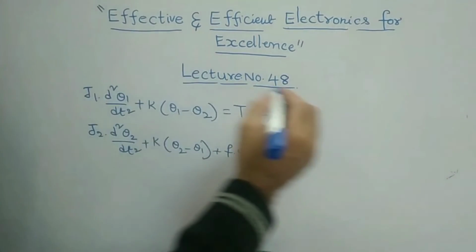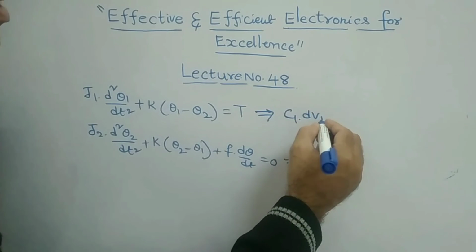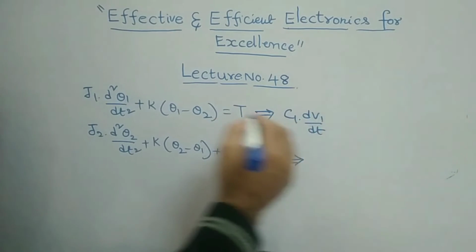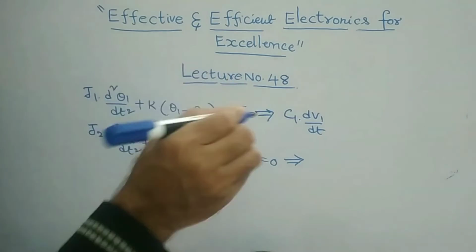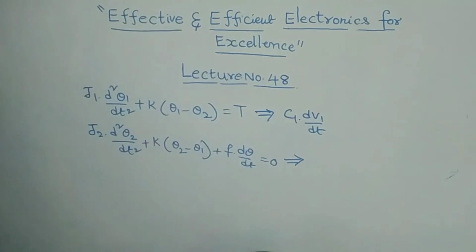C1 into dV1 by dt, because it is torque current. Therefore I is equal to V by R form.